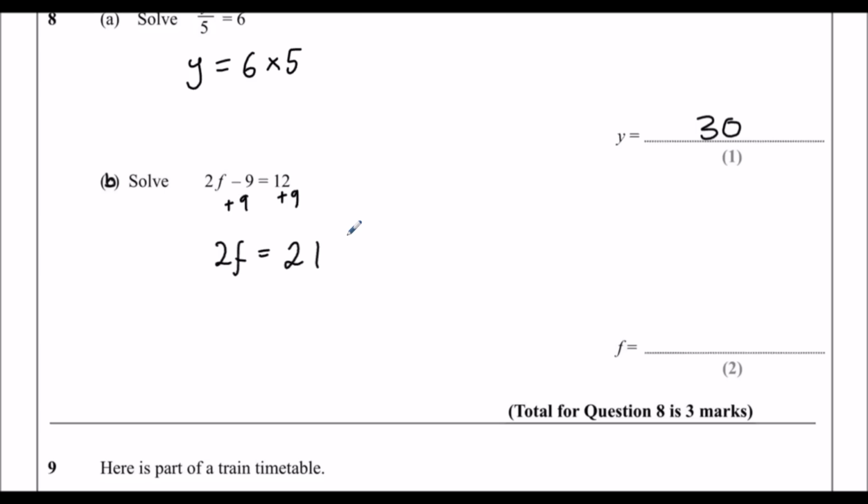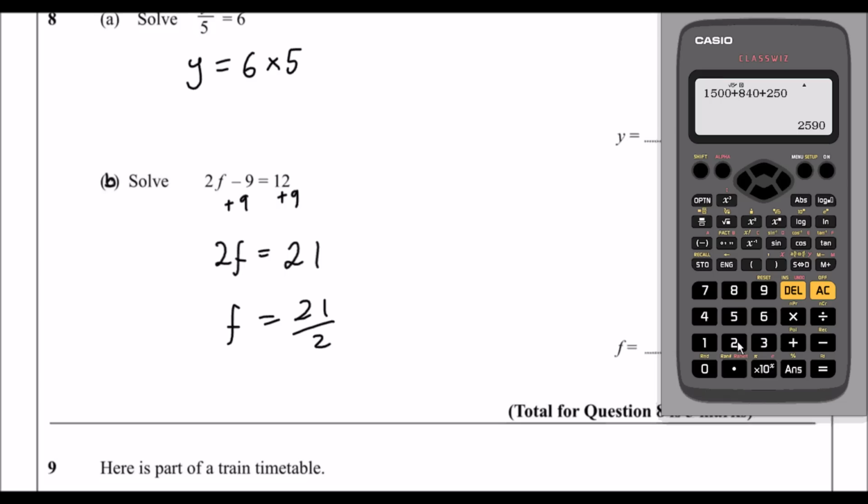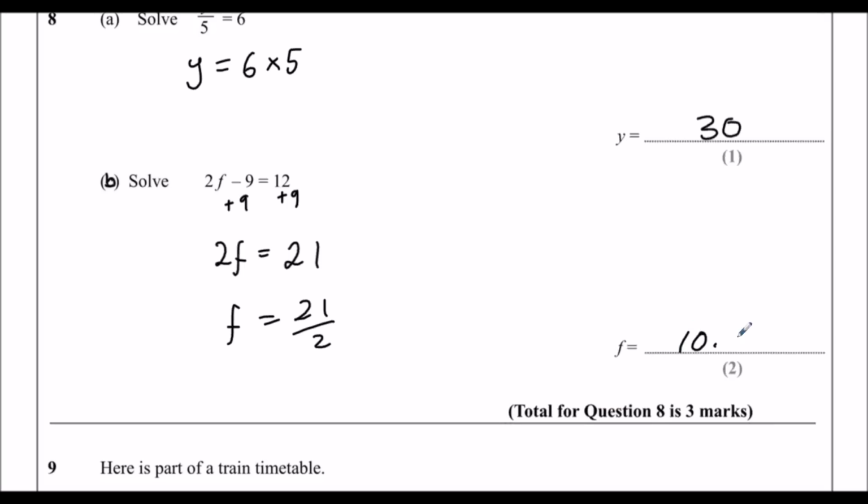So if 2f's are 21, 1f must be half of 21, which is 10.5. So 21 over 2, or 10.5. So 2 10.5s is 21. Take away 9 is 12. f must be 10.5.